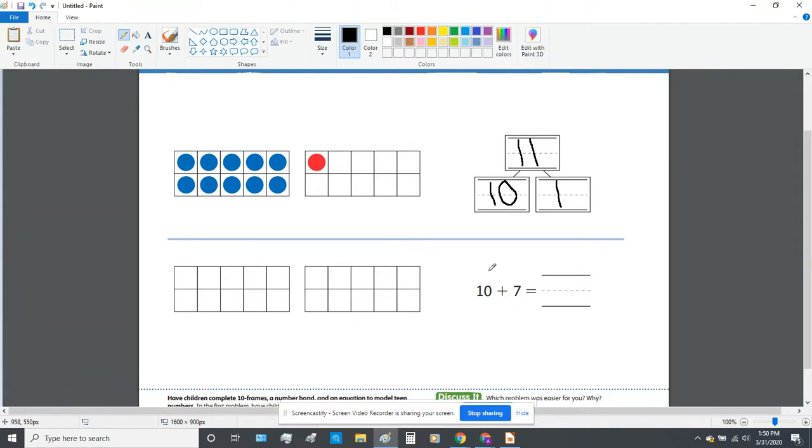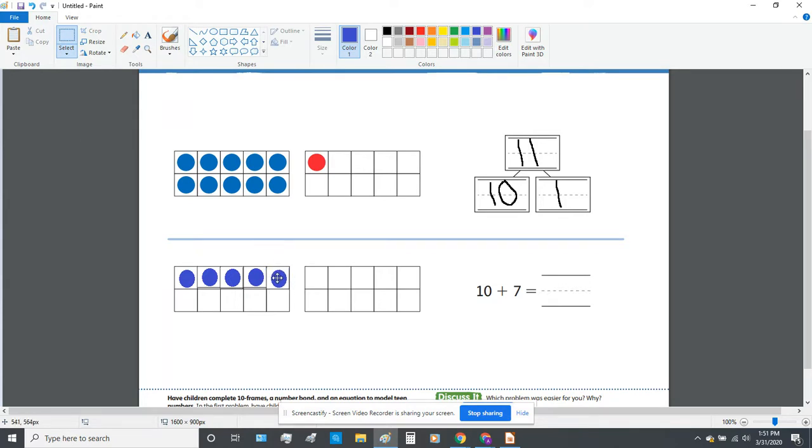But what if we have it in addition statement and now it's all empty? So that's when you're going to come in here, and I'm going to use red and blue to stay looking like the rest of the lesson to show a group of 10 and a group of 7. So watch as I do this, and you can follow along with your crayons. I'm going to make a group of 10 by filling in the first tens frame completely full of my blue dots.